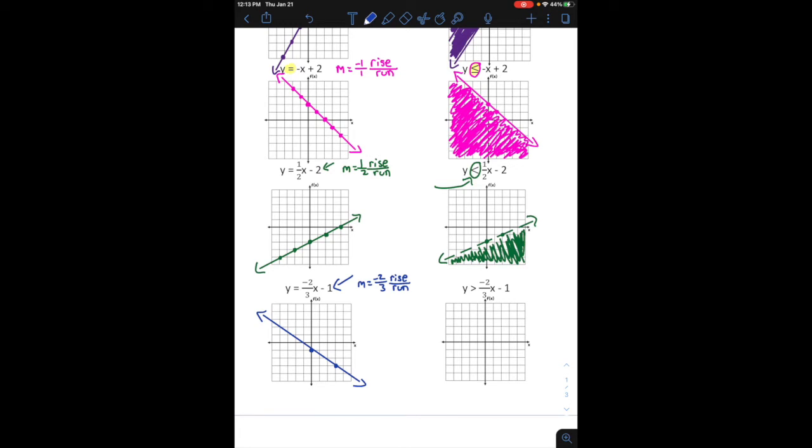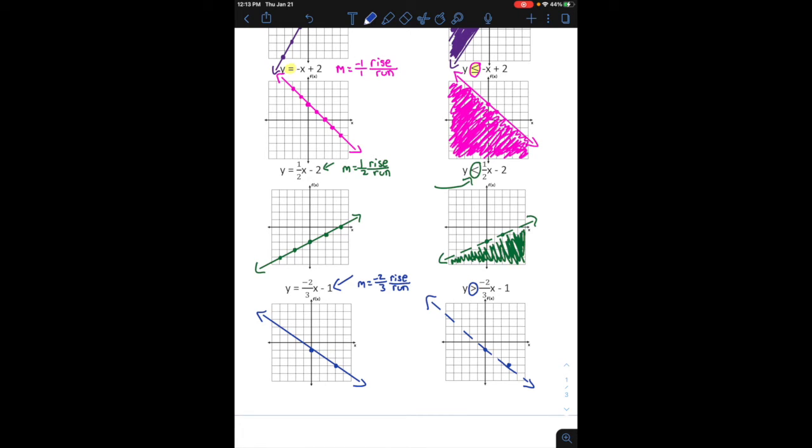All the ordered pairs on that line are solutions. Inequalities, however, have more. Again, we just have a greater than sign here. So just like the third problem, the one above, we're going to represent this line as a dotted or a dashed line. So start at -1, down 2, right 3. This is showing that all the ordered pairs on the line are not solutions to the inequality.